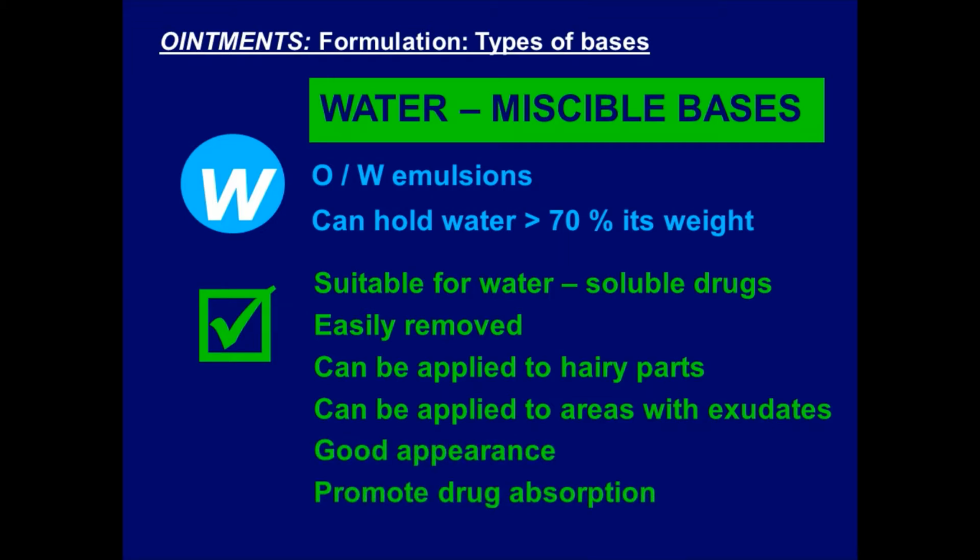They are of good appearance and they promote drug absorption, and these 2 advantages we said before in discussing oil in water types of creams. Also, oil in water emulsions in water-miscible bases have good appearance and promote drug absorption due to the presence of water in the external phase.